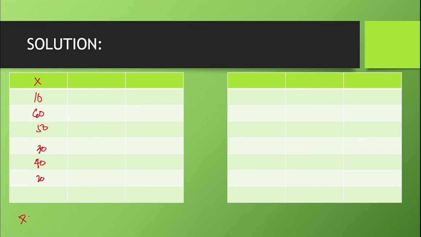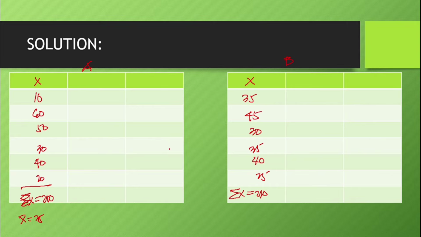And still the mean for this one is 35. This is for brand A, and this is for brand B, so x here is 35, 45, 30, 35, 40, and 25. So get the sum of this one. We have 210, and the sum of this one is 210. So next step is we're going to take x minus the mean.